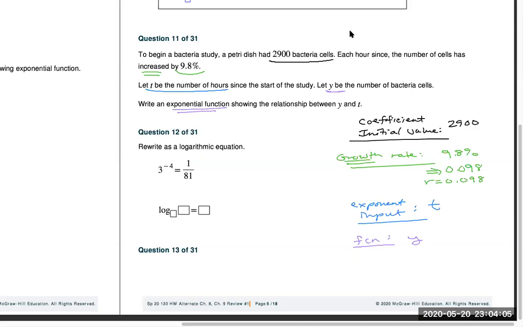All right, and then remember the form that we're matching to here. Let's put our general form. We're going to have, in this case, y equals a, it's 1 plus r to the t power. Okay, so that's what we're going to need.